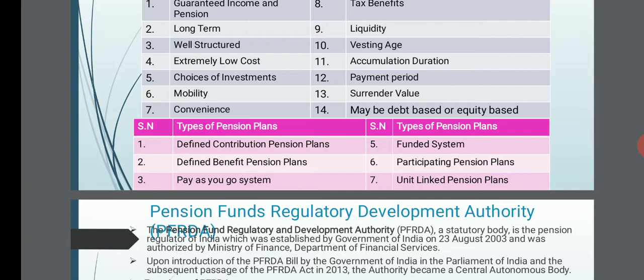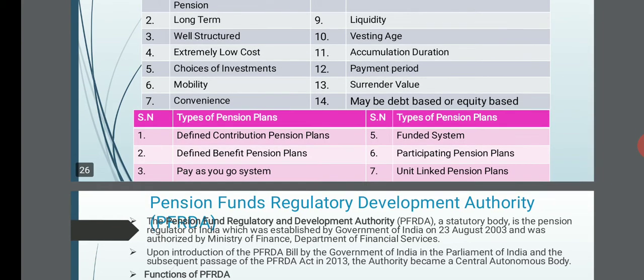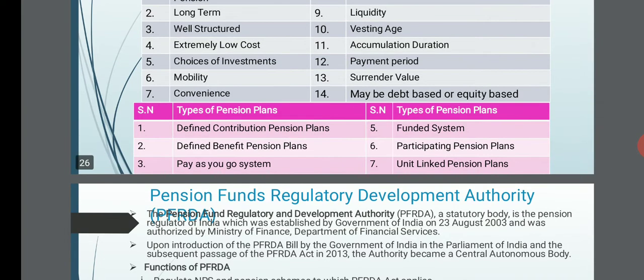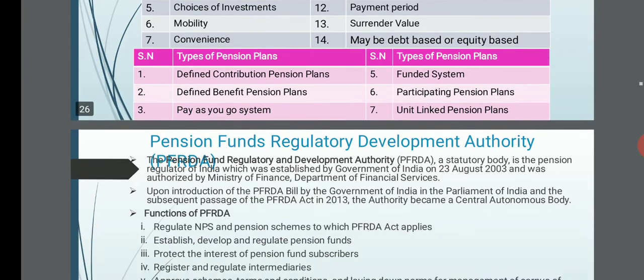Participating pension funds are where various players are participating, and the investor in a participating pension plan can make changes to the various instruments in which the fund is invested. A unit-linked pension plan is basically investment in mutual funds or unit-linked securities through the pension funds.